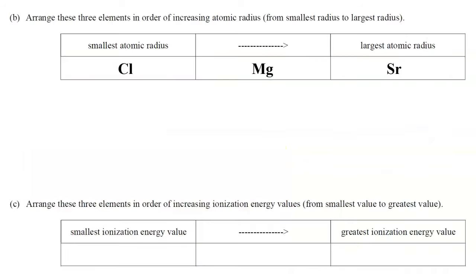So now let's go back and take a look at these three elements, chlorine, magnesium, and strontium. So we already know the trend in atomic radius. Chlorine is the smallest in this set of three, and strontium is the largest in this set of three.